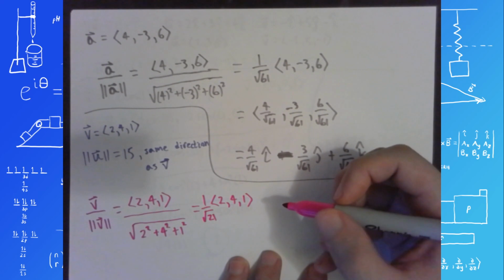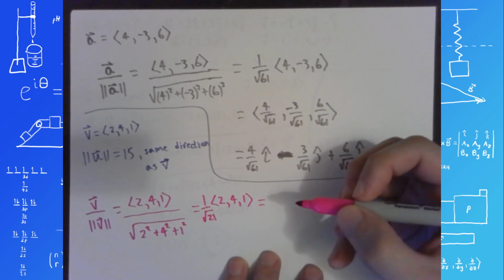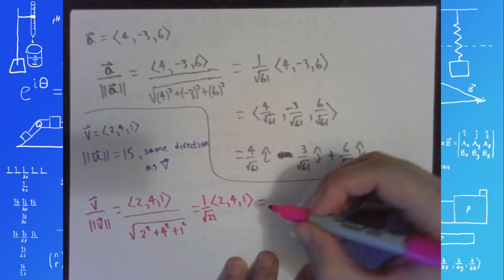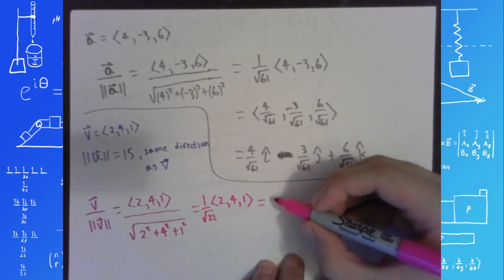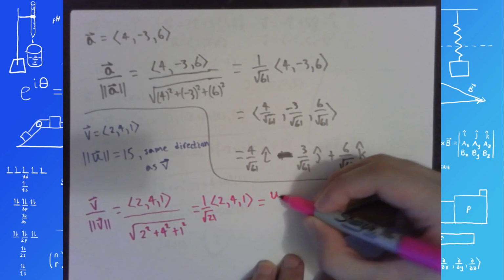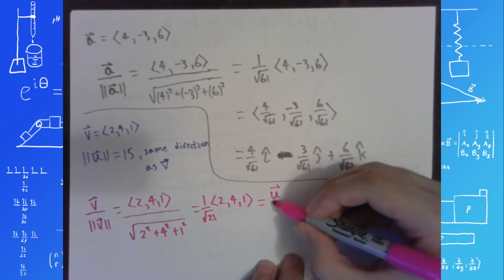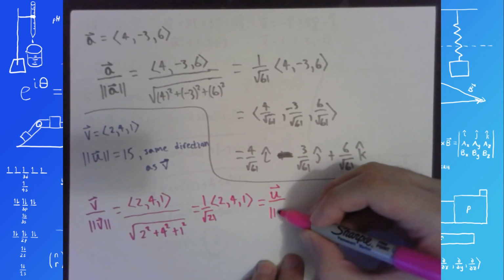Okay, and then this will be the same unit vector as u. If two vectors have the same direction, then their unit vectors are identical, so you could say that this is equal to u over the magnitude of u.